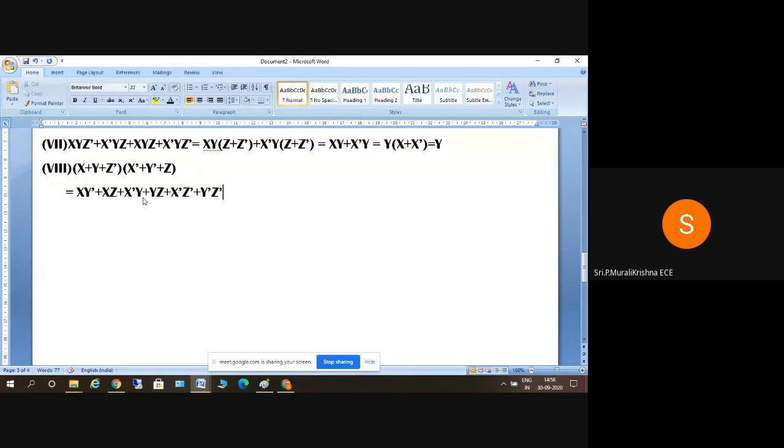So z into z bar will be 0, y into y bar will be 0, and x into x bar will be 0.